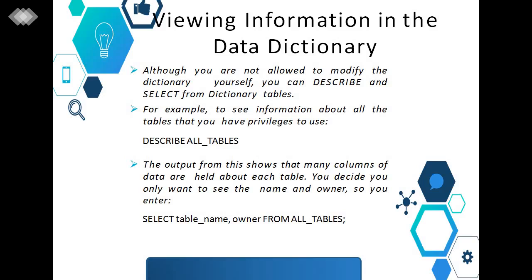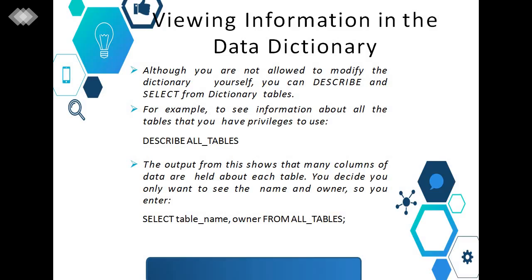For example, if you want to see information about all the tables, you need a privilege to use describe all tables. If the DBA, that is the database administrator, gives you the privilege to view all the information related to the tables, then you write this command: describe all tables. After writing this command, what will the output show? It will show that many columns of data are held about each table.